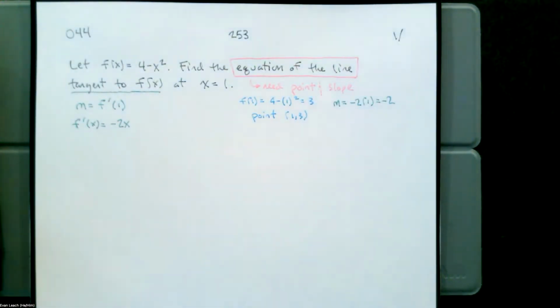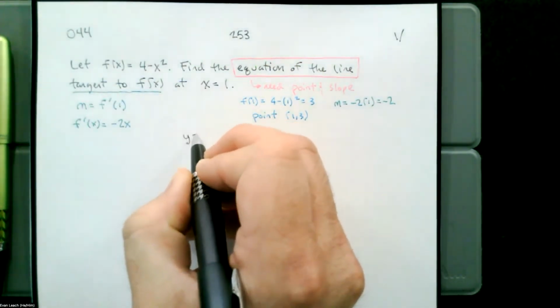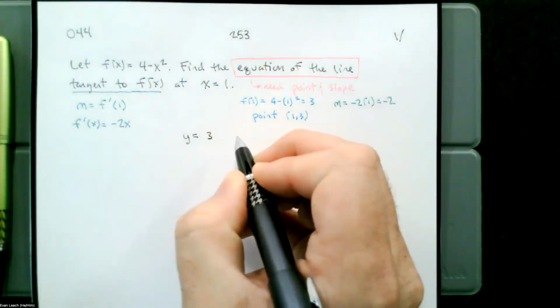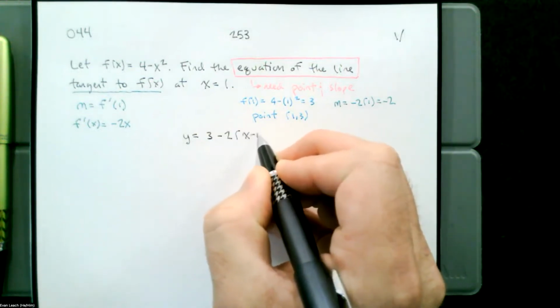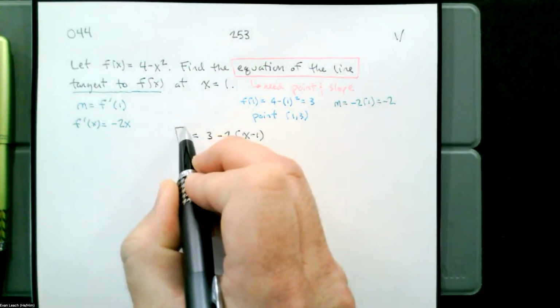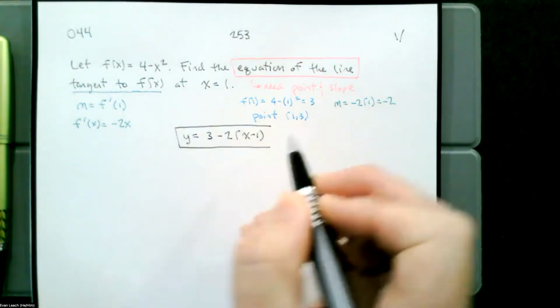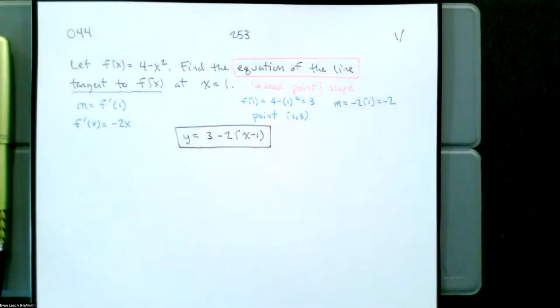So from here, we can write down the equation of the line that we want. Y is equal to 3 when x is equal to 1, and y decreases by 2 whenever x increases by 1. You may have done a little bit more work and written the equation in the form y equals mx plus b.